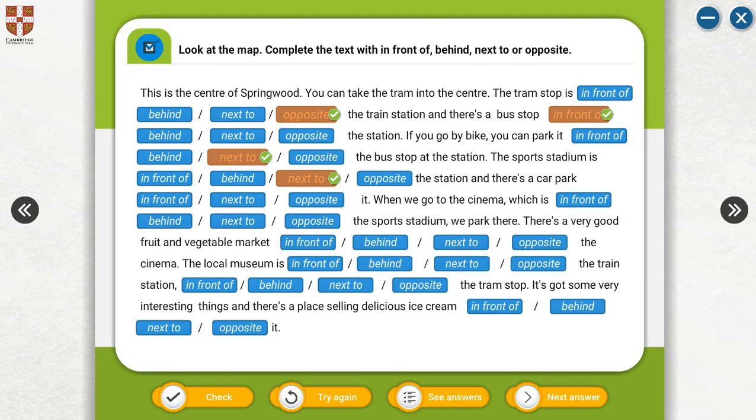There's a car park, blah blah blah, it. Behind or next to.